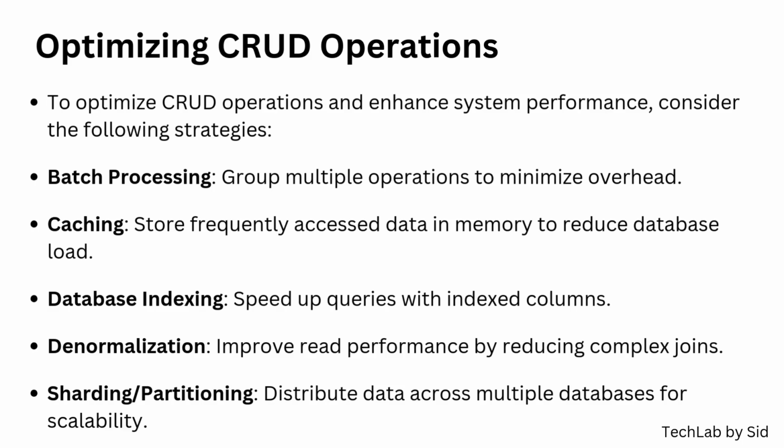Database indexing improves the speed of queries by creating indexes on frequently queried columns, allowing the system to locate data more efficiently. Denormalization can improve read performance by simplifying database schema, reducing the need for complex joins, and making it easier to fetch data in a single query.